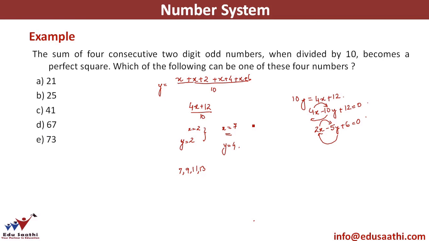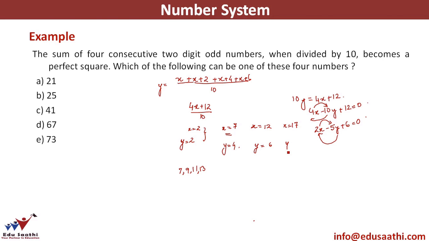So I'll move ahead and look at the next value of x. The next value of x would be again plus 5, which comes out to be 12. Now if you solve for y at x equal to 12, 12 into 4 is 48, plus 12, over 10, turns out to be 6, which is not a perfect square. So I'll again move and look at the next value of x, which will be 17.